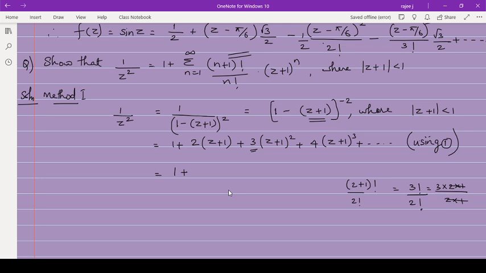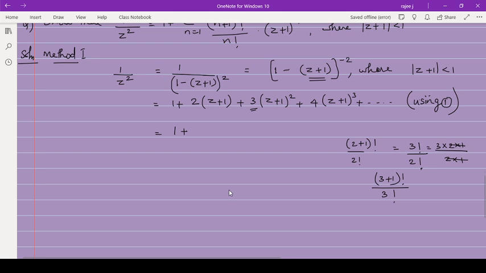Now this 4 I will write as 3 plus 1 factorial by 3 factorial. 3 plus 1 factorial means 4 factorial, and 4 factorial by 3 factorial means 4 into 3 factorial in the numerator. So 3 factorial cancels and you are getting 4. If I go on like this, if the denominator is n factorial, then the numerator should be n plus 1 factorial.